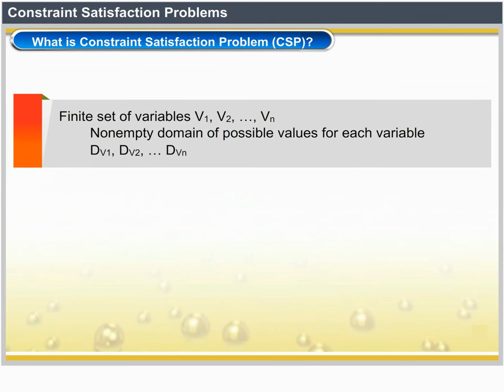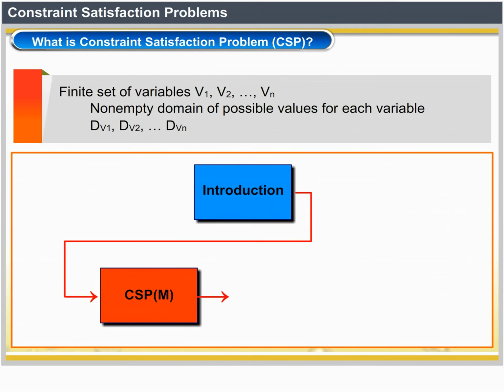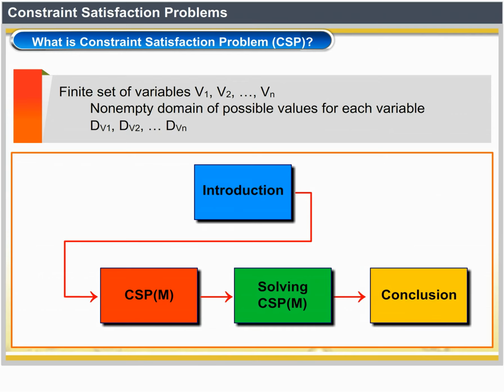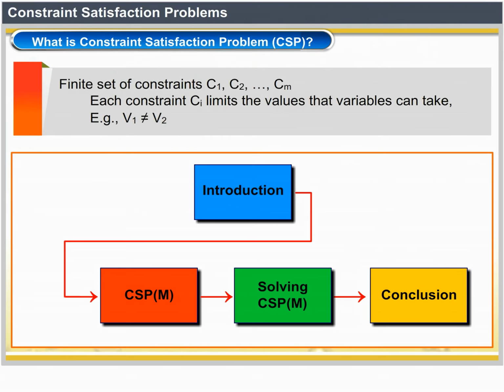A finite set of variables V1, V2 up to Vn. A non-empty domain of possible values for each variable, DV1, DV2 up to DVn. A finite set of constraints C1, C2 up to Cm.